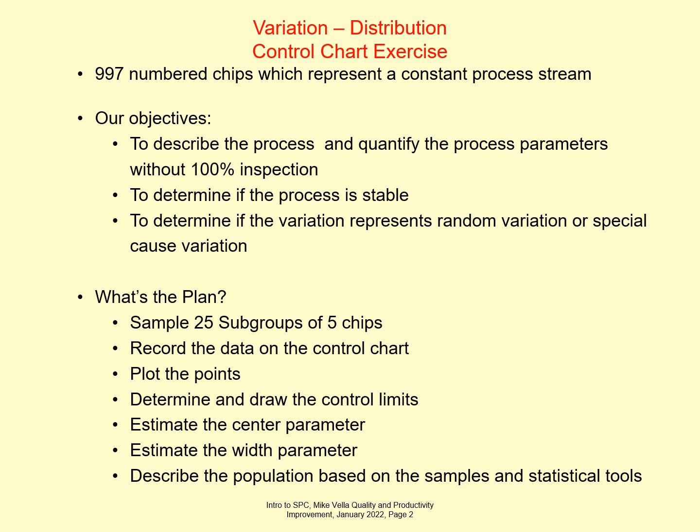So our plan is to sample 25 subgroups of 5 chips, record the data on a control chart, plot the points, determine and draw the control limits, estimate the center and the width of the distribution, and then from that data, if the process is stable, describe what that population looks like based on a sample.